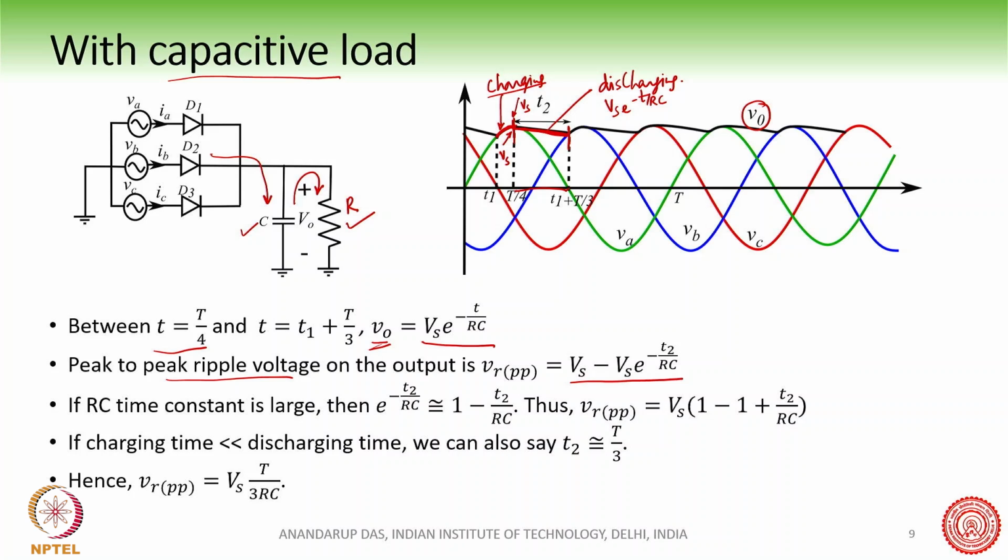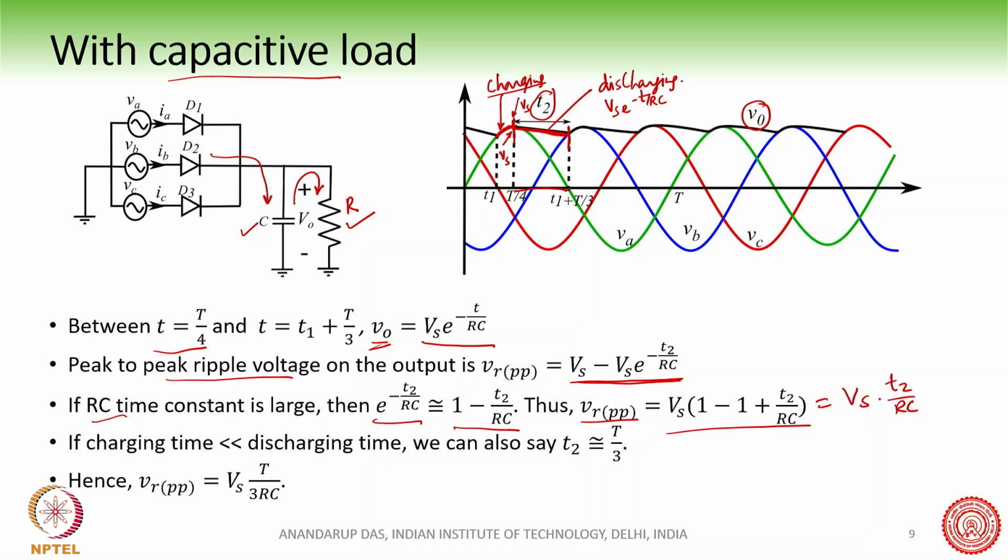If I assume that the RC time constant is quite large, then I can approximate e to the power x as 1 plus x, since e to the power x is 1 plus x plus x squared by 2 factorial and so on. With this first approximation, VR peak to peak is nothing but Vs into t2 by RC.